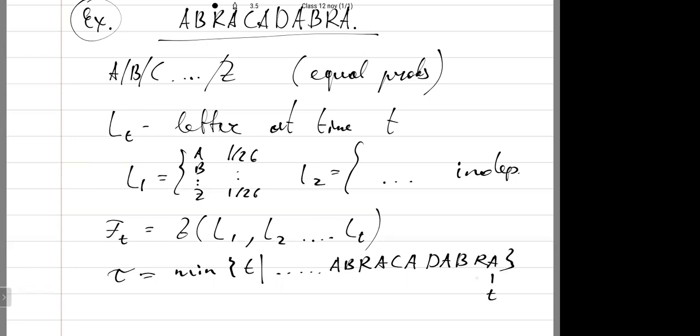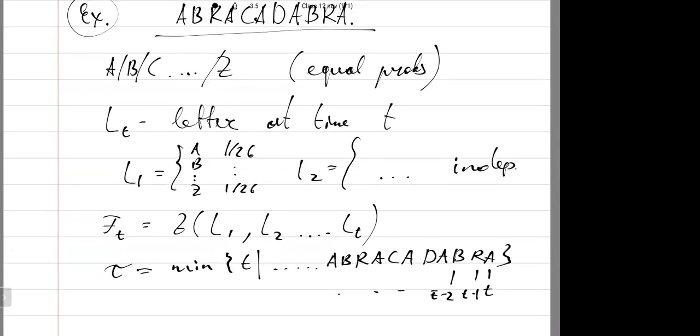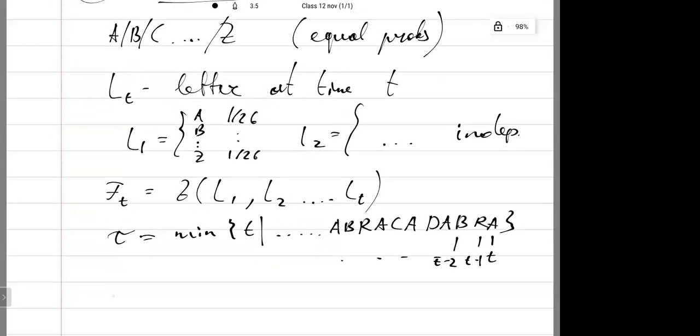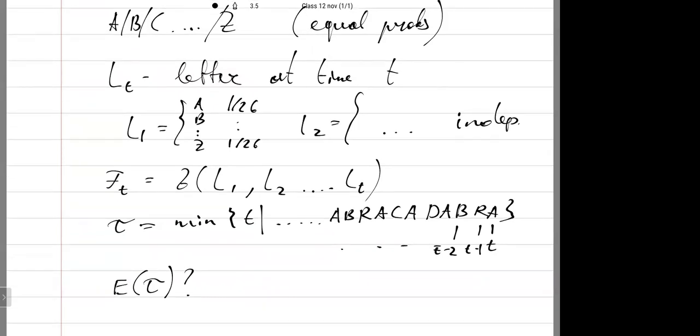And the main question is to find the expected value of tau, or using the same approach, you can find, I don't know, the expected value of tau squared. If you understand the logic, you can create something more, but I will do only this part of the question.